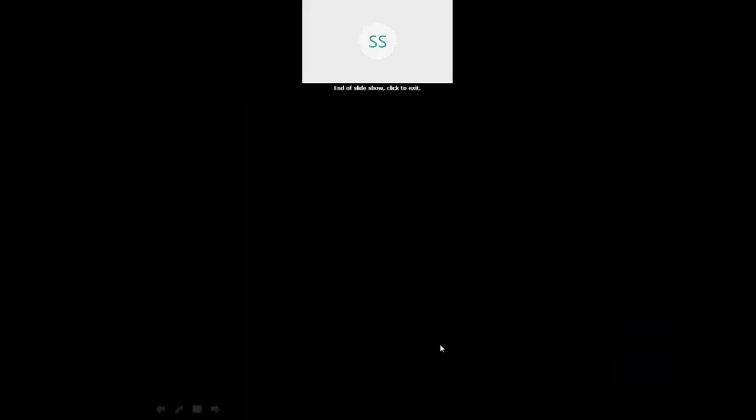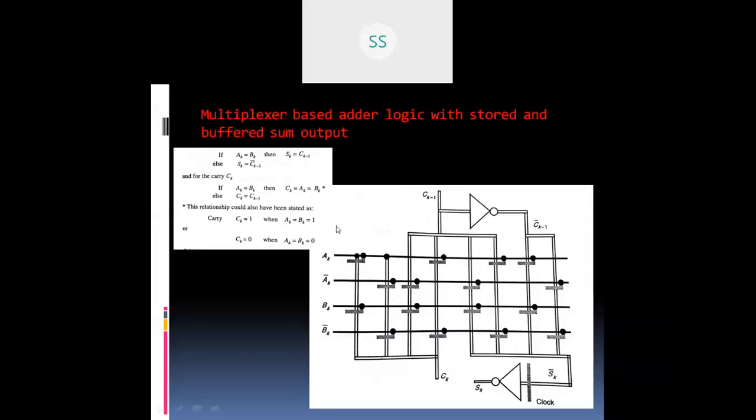So now these two conditions: SK is equal to CK minus 1 bar, where SK is the corresponding sum term. When AK and BK bits are not the same, SK will be equal to the complement, CK minus 1 bar. This is written by referring to the previous truth table. This is one condition for the sum case.